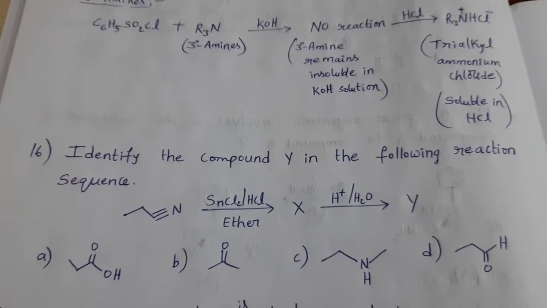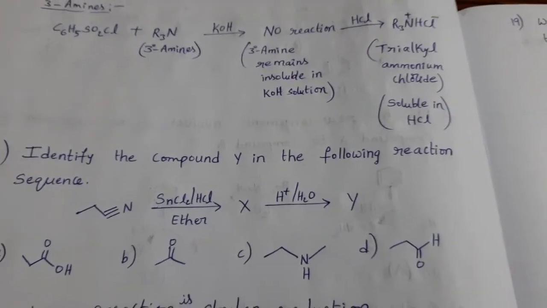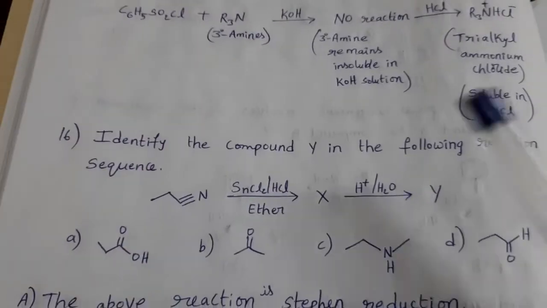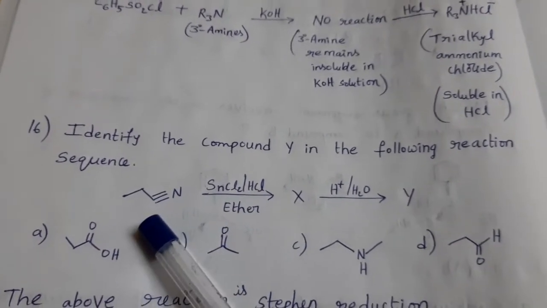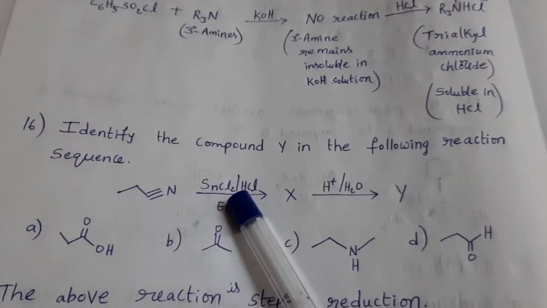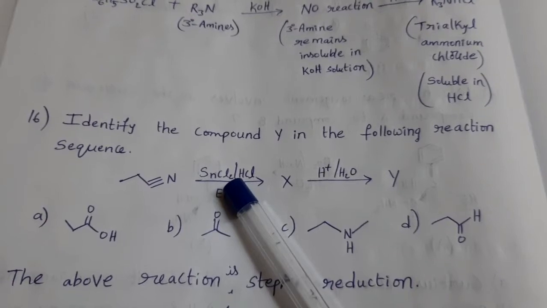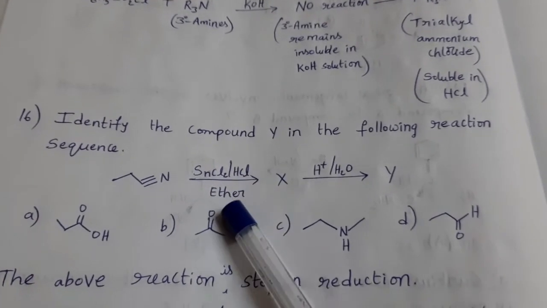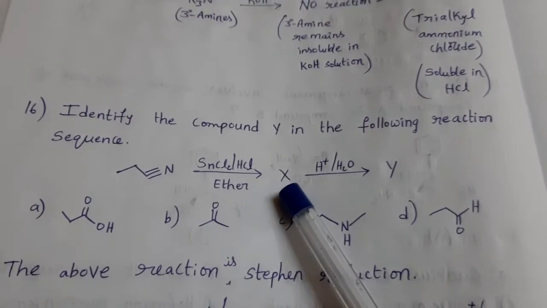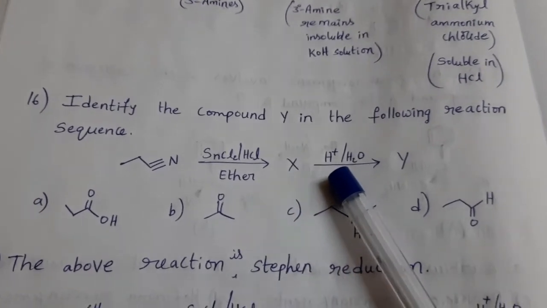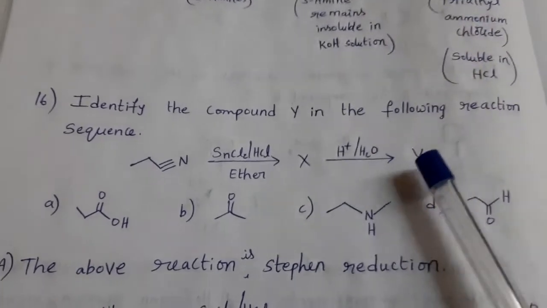Next, identify the compound Y in the following reaction sequence. Here the triple bond N means cyanide. Alkyl cyanide is treated with SnCl2, stannous chloride, and HCl in ether medium. Then we get X. This compound is treated with H plus followed by hydrolysis in presence of acid. We get Y. What is Y?